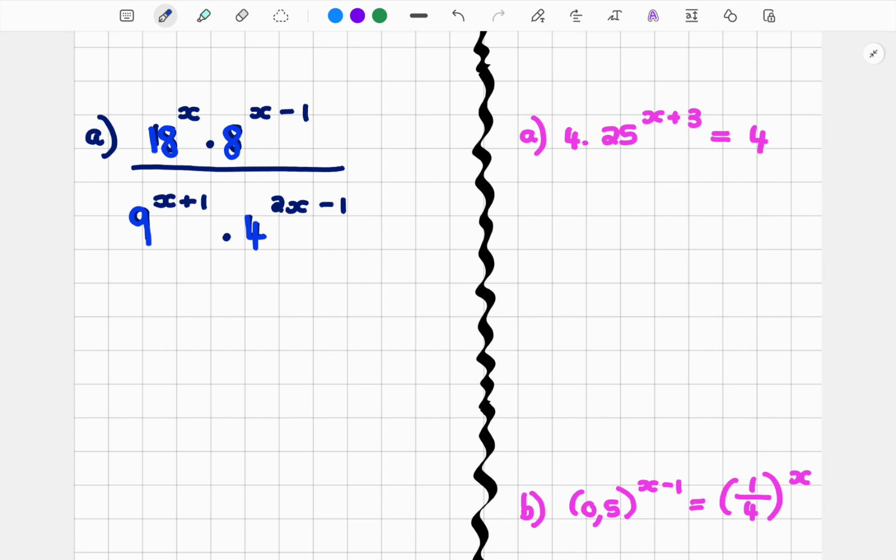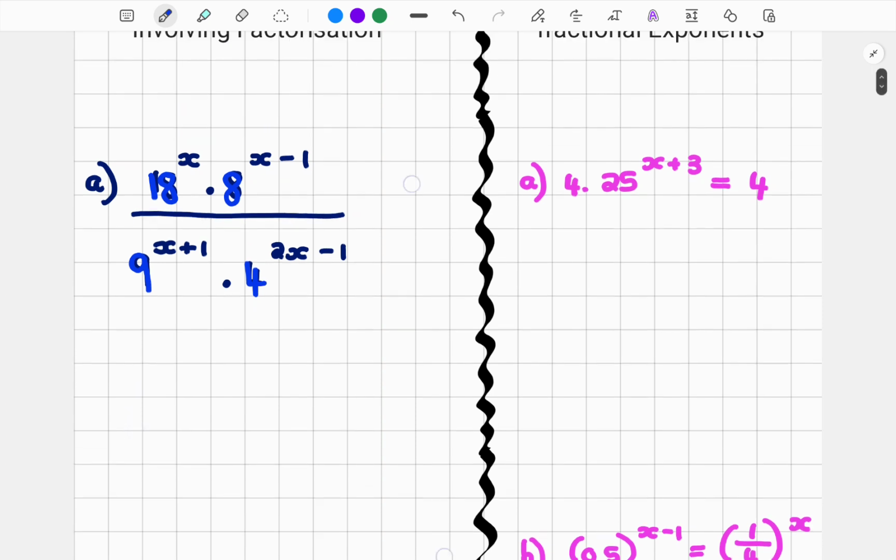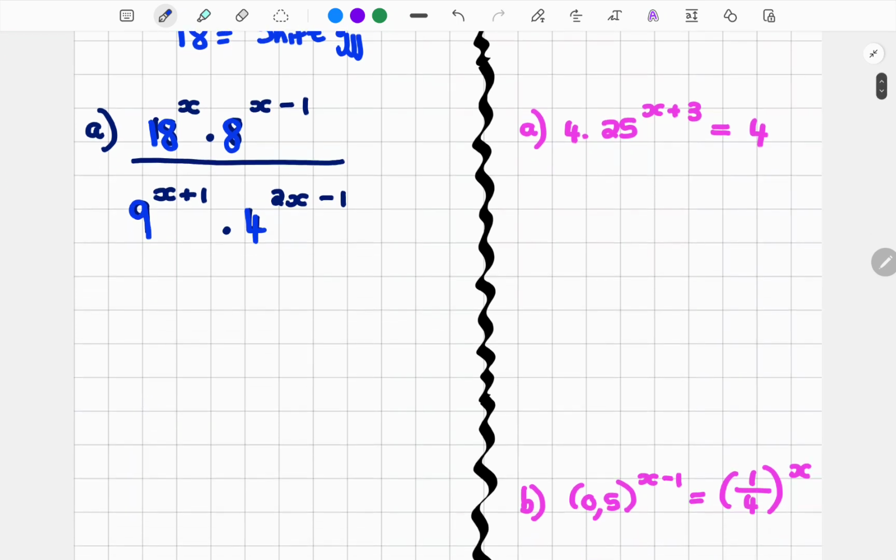For 18, in your calculator, you press shift, put in 18 equals, shift and then that dot comma button, which is the factor button. If I put in 18, it gives me 2 times 3 squared, and that is all raised to the power x still, so you can't just drop that x.